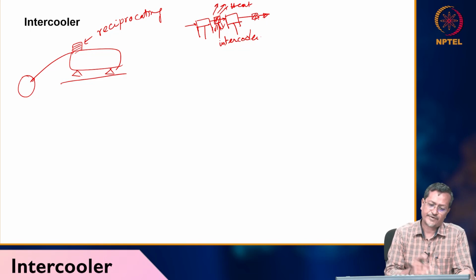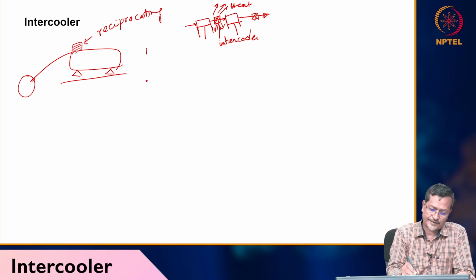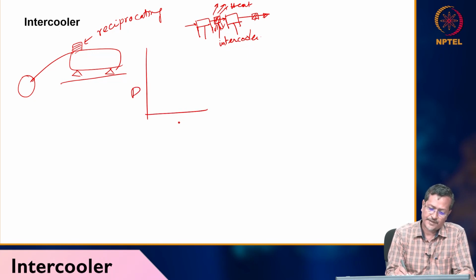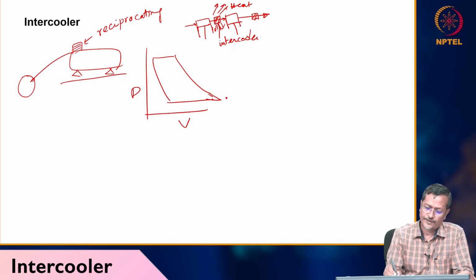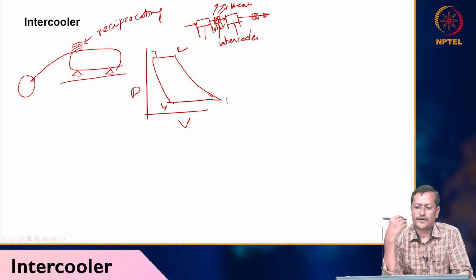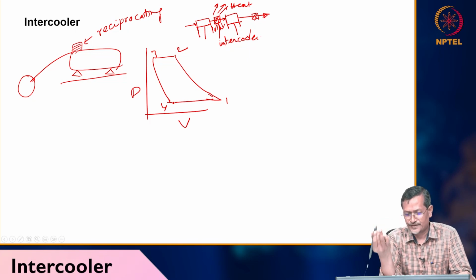So what happens if I draw the whole thing in a PV diagram? It will look like this, PV. If I have only one cylinder, my compression will look like this: 1, 2, 3, 4. Now you are an engineer, so you thought, let's put two compression systems with an intercooler.